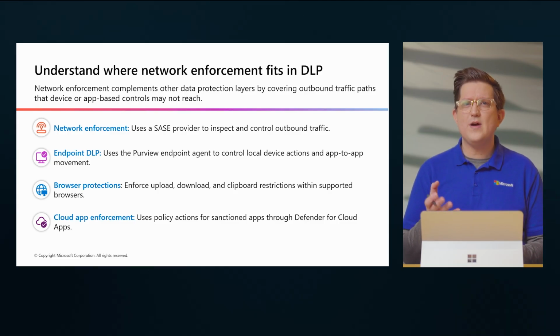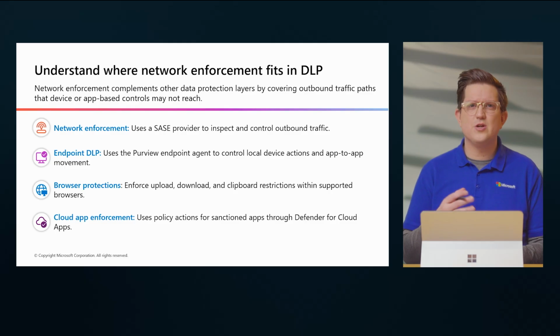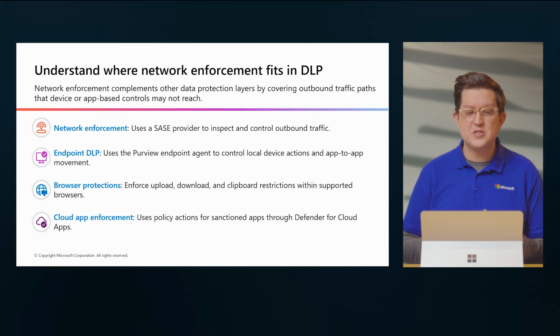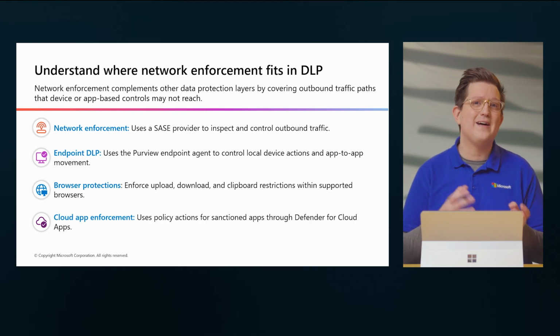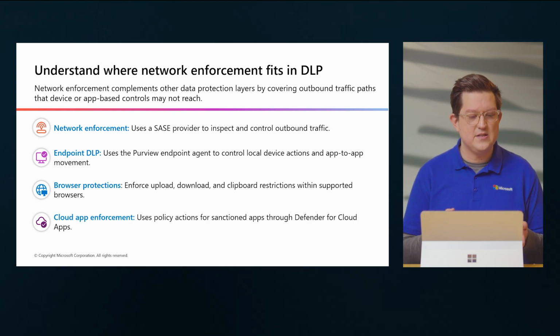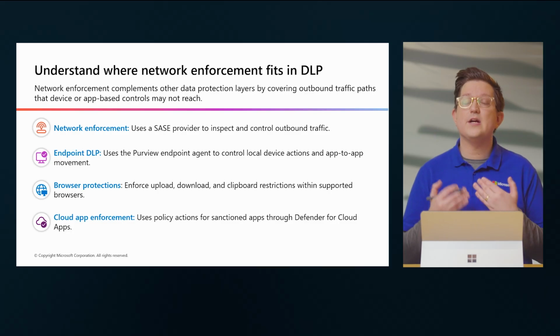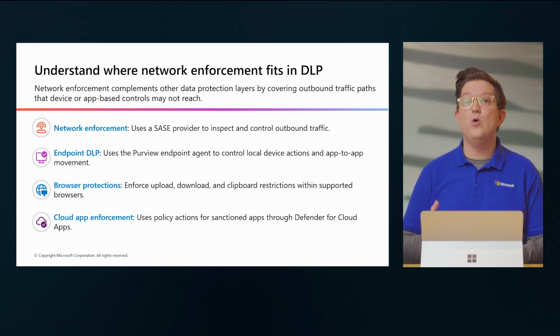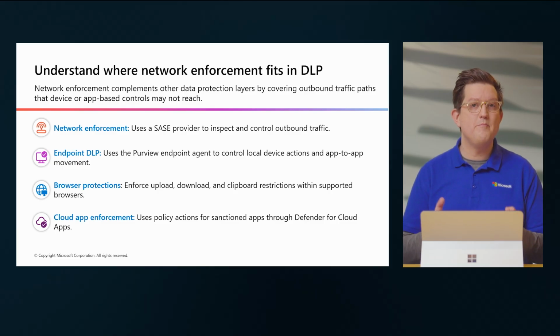Within endpoint, we do actually use the Purview endpoint agent to control local actions, so there are some other things that we can control around browser protections as well if you need to outside of the standard SASE space. But ultimately, this is a complementary product designed to work with other solutions and build a broader, better protection plan for your organization.